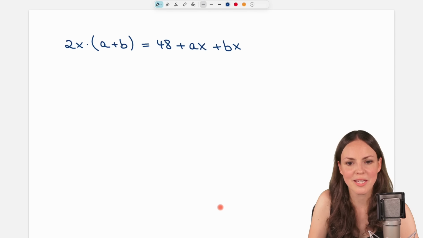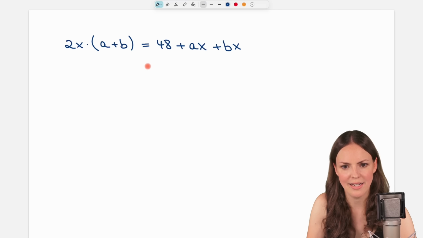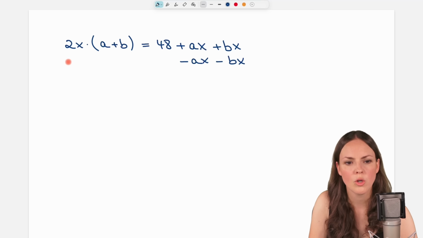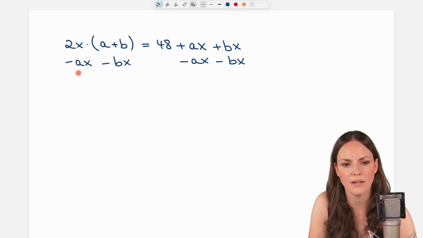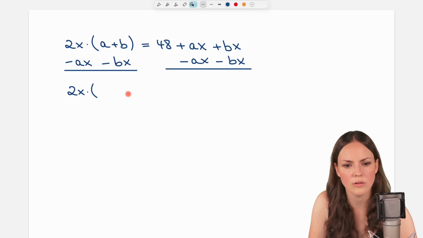So let's see what we can do with this equation here now. We have many variables here. Maybe let's bring all variables to one side. So let's subtract ax to bring it to the left side, and let's subtract bx in the same step. So we want to subtract these things on both sides of the equation. So that here we have this part that was there already, so it stays here.